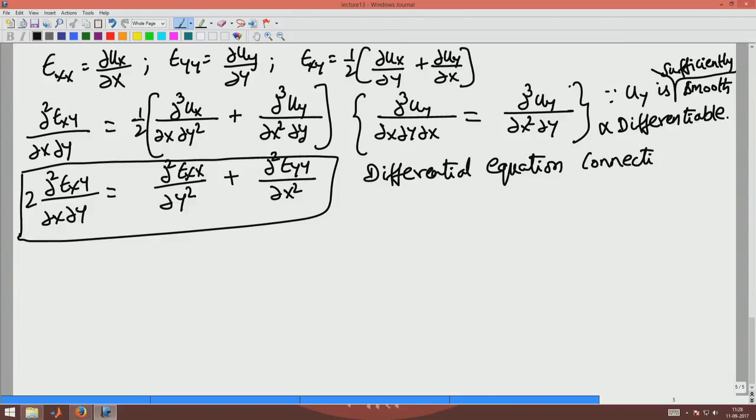So, this is called the compatibility condition.